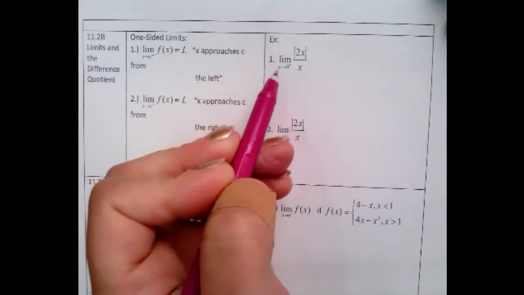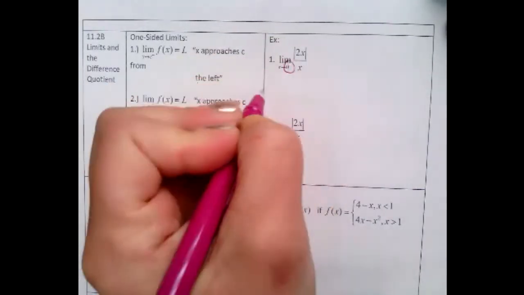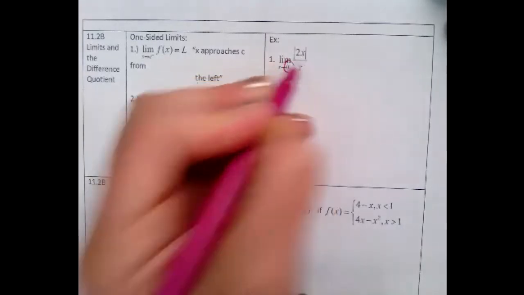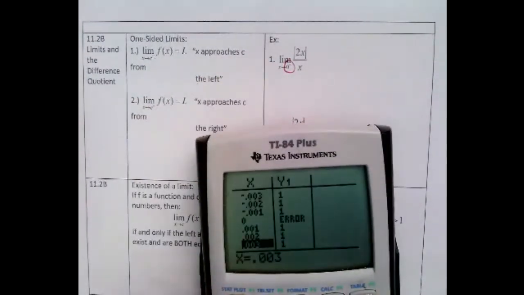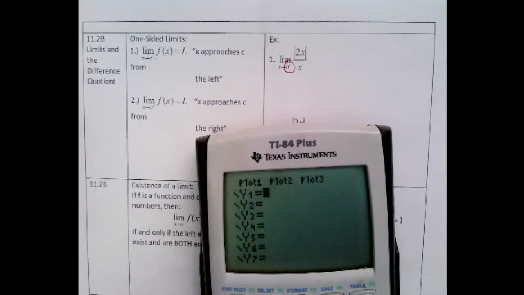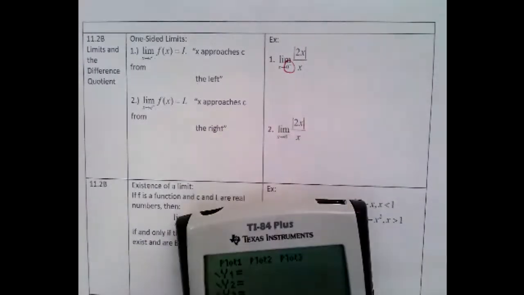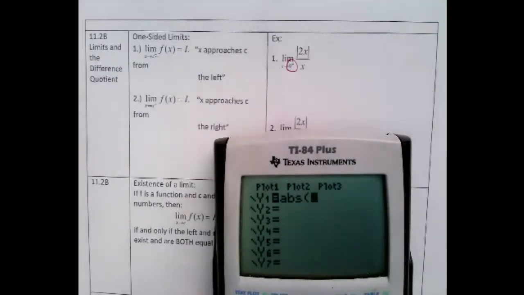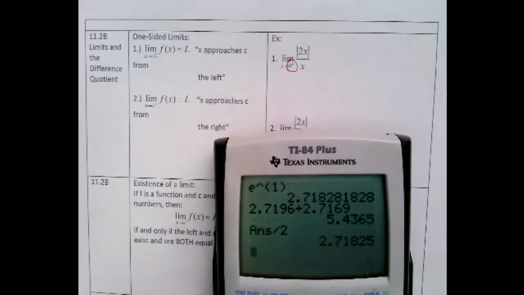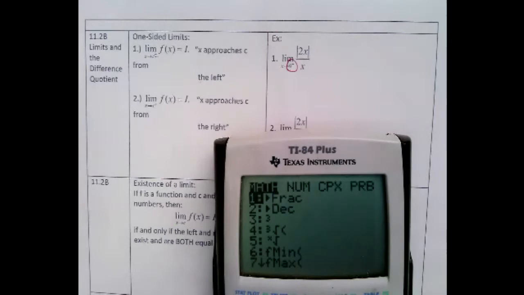The limit as x approaches 0 from the left of the absolute value of 2x over x. So we're going to graph this. I'm going to go to math, number, and I see the absolute value.